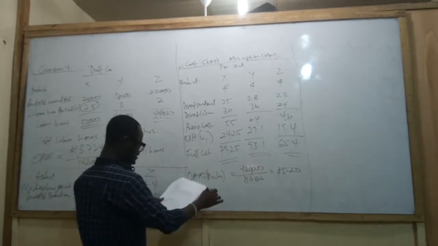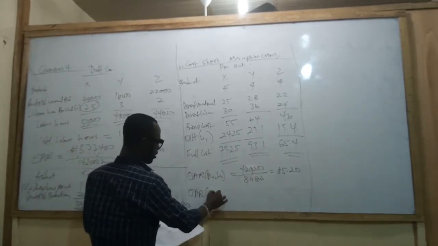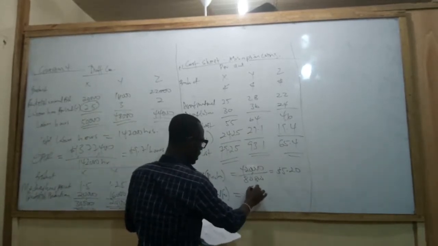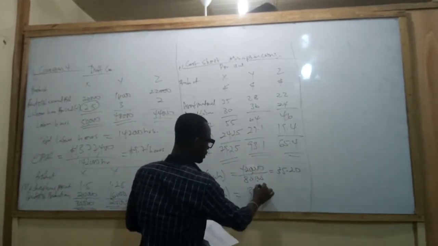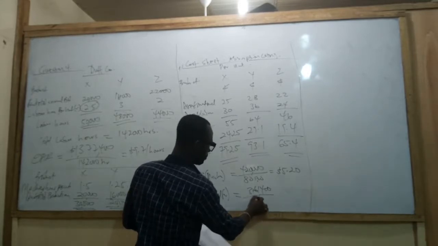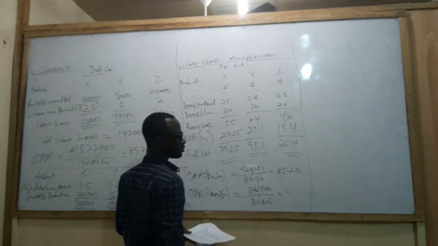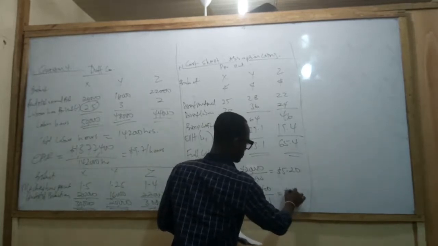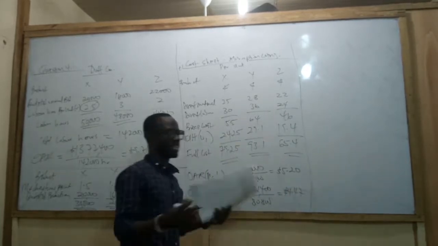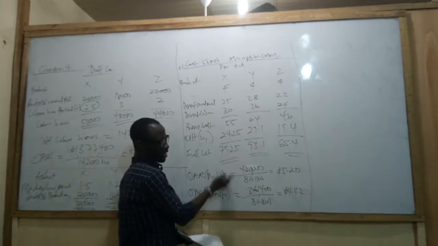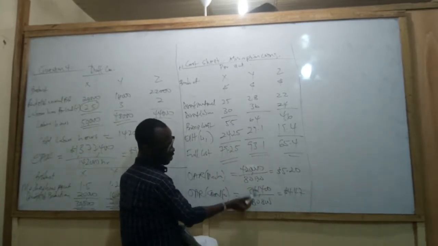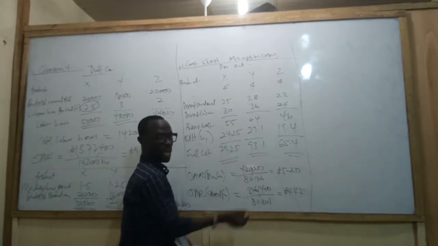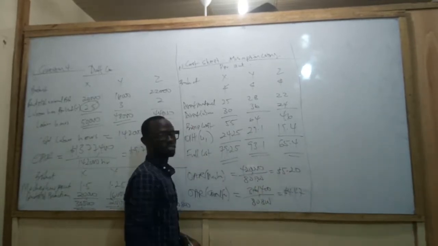Then overhead absorption rate for general facility: 361,400 over the same figure. What do we have? 4.47. And I'm saying, instead of doing this separately, is the denominator not the same? So add the two, divide it by the denominator, and you will get this answer.